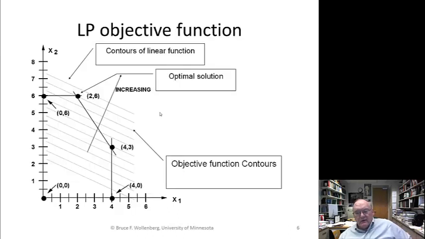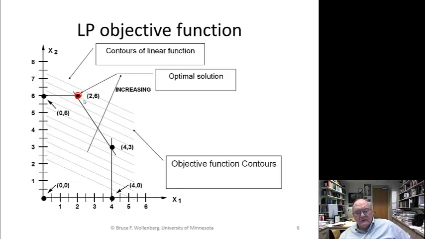Now, last of all, we go back to this picture here, just like we had before, but see these lines here are the contours. And the objective function, in our case, is to maximize that function. And this is the optimal solution. We can tell you that right away.